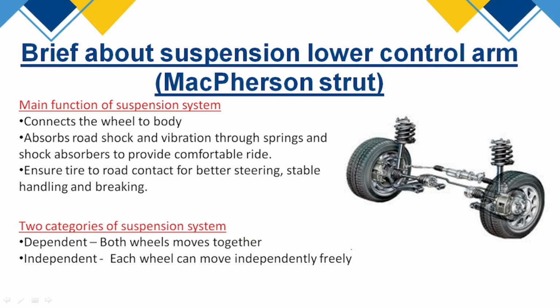So in modern automotive, you will find mostly independent suspension systems where both wheels are moving independently while cornering or any other cases.